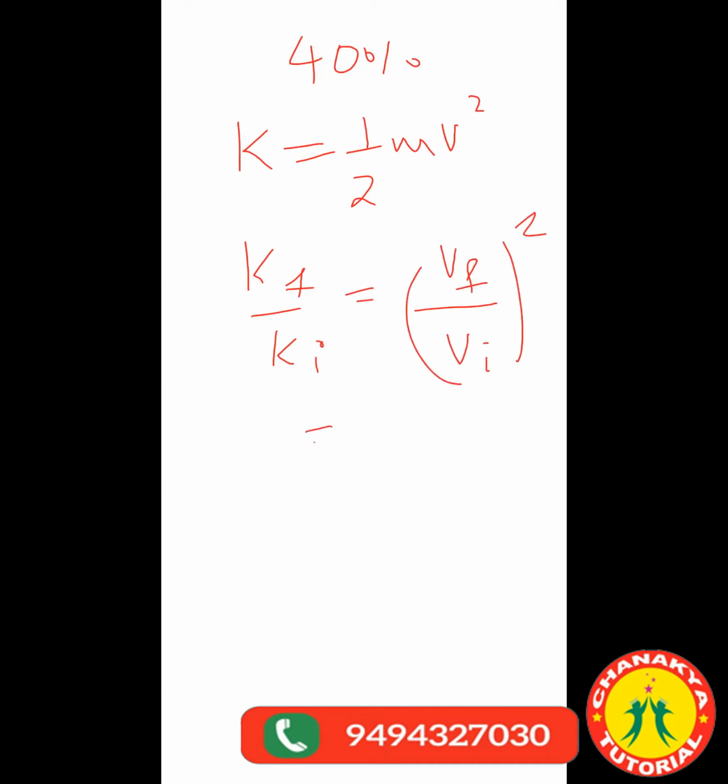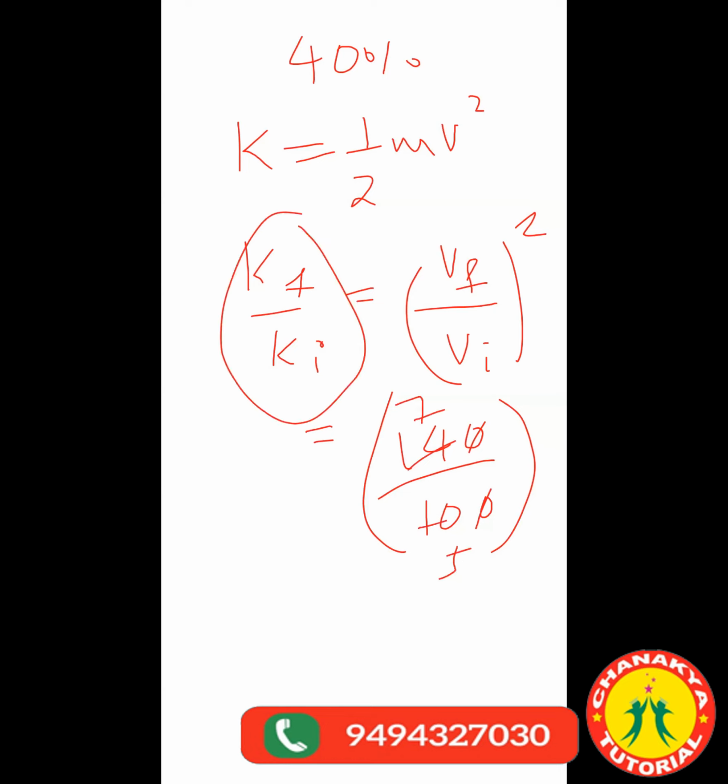Now V final is a 40% change. Initial I will assume 100%. 40% change means 140. Correct, no? The zeros cancel out, it became 7 by 5. So we got the factor K final by K initial, 7 by 5.